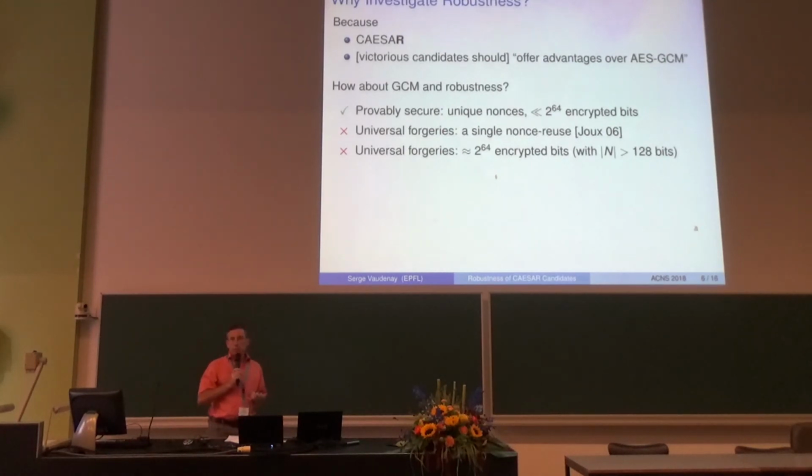However, if these assumptions are not satisfied, so for instance, if there is any single nonce reuse, it's a big disaster. We are leaking essentially one key which is able to make some universal forgeries and to make some decryption attacks as well. So it's a big deal. Any single nonce reuse is a big deal for AES-GCM.